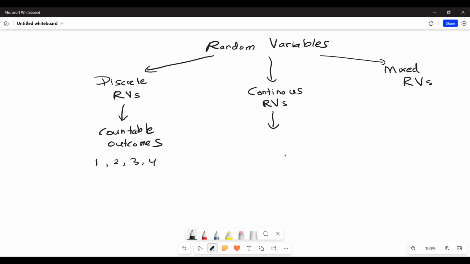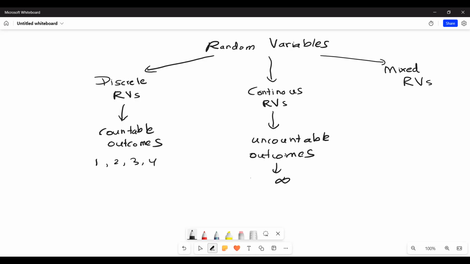So if we go to the continuous random variable, it has uncountable outcomes. What do we mean by that? Uncountable outcomes means it has an infinite amount of outcomes.